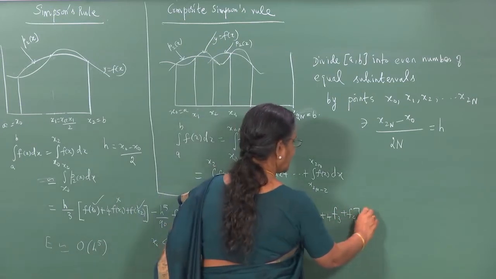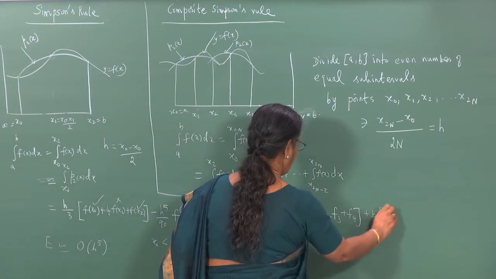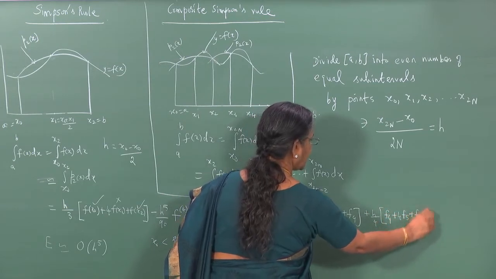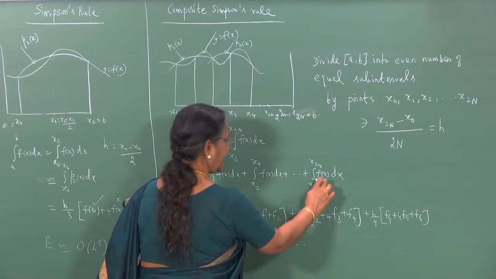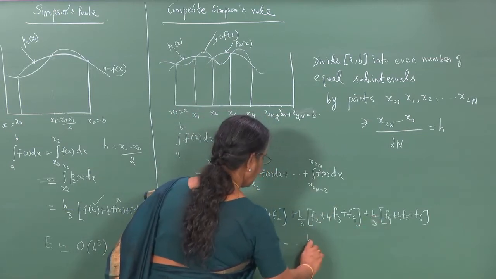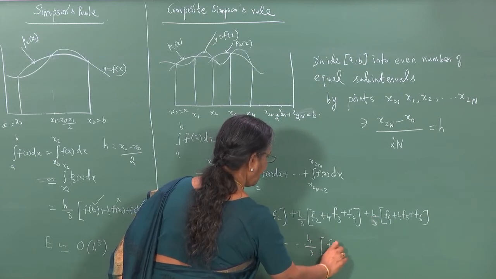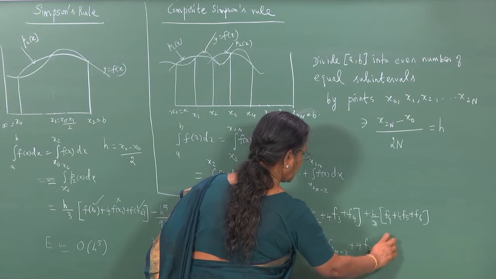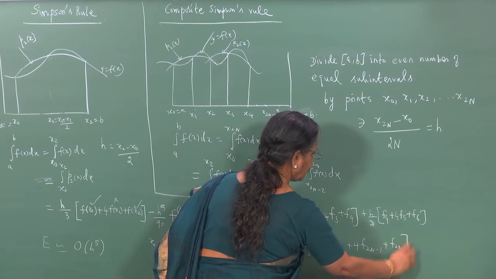What do you think in the next interval it will be? h by 3 into f4 plus 4 f5 plus f6, and continue this, and in the last interval it is going to be h by 3 into f2n minus 2 plus 4 into f2n minus 1 plus f2n.